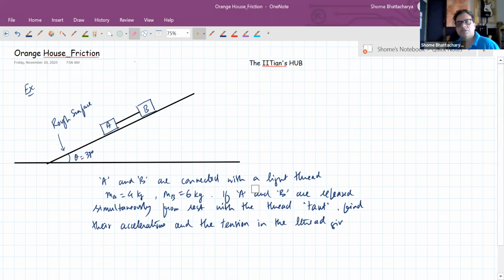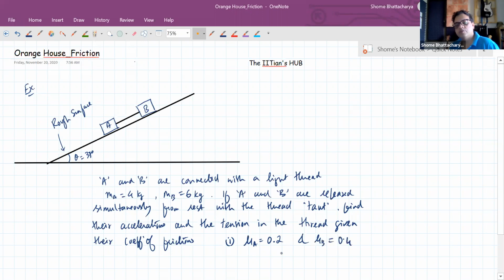Given that they have coefficient of friction, in the first case, you take coefficient of friction for A to be 0.2 and coefficient of friction for B to be 0.4.